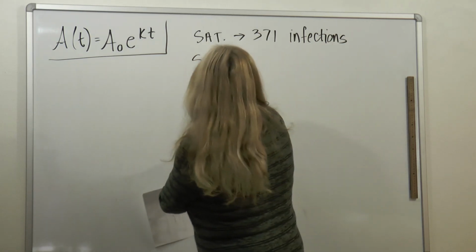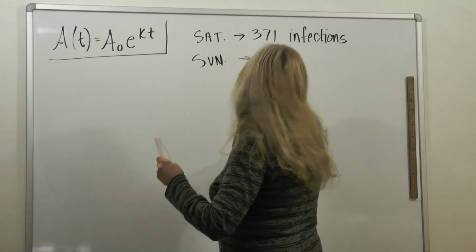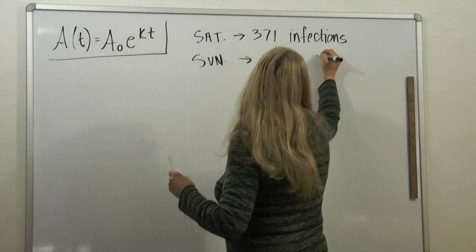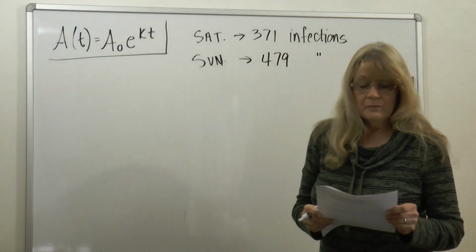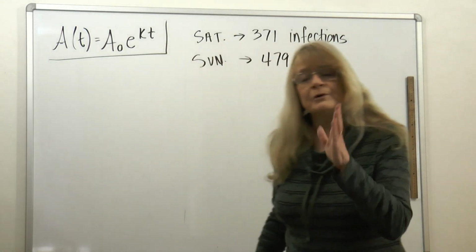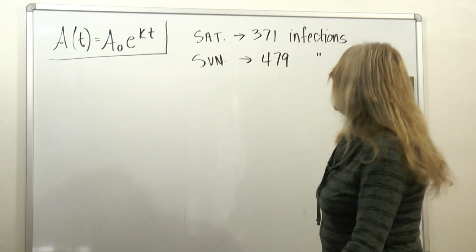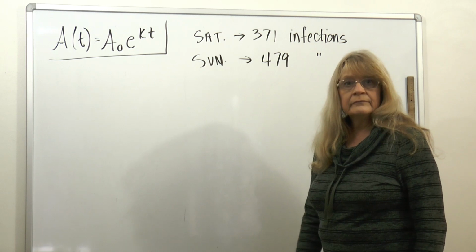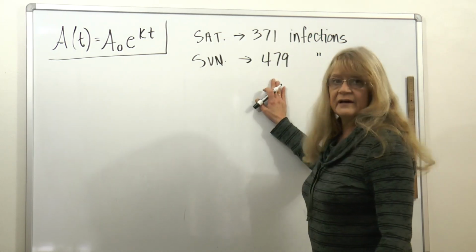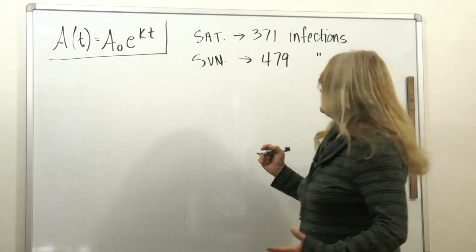On Sunday, midday, both of these are midday, we had 479 infections. Okay, so if I want to project out and say, what can I anticipate is going to be in another week? If that's how much it grew in a day, how much is it going to be by next Saturday?